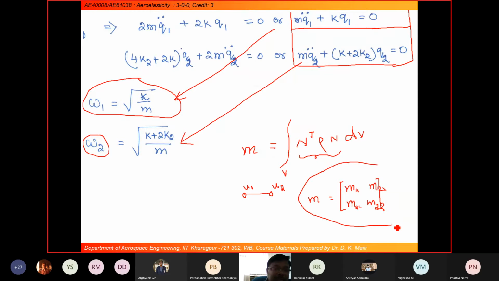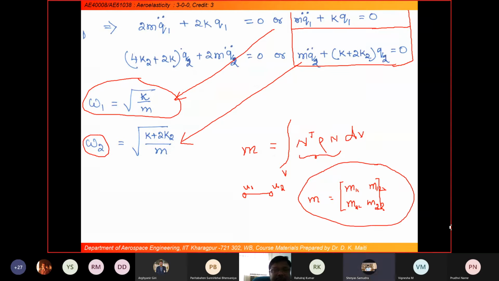Once you go to the finite element formulation of a two-noded bar element and calculate the mass matrix, you will get off diagonal terms in the mass matrix, which we call the consistent mass matrix approach.